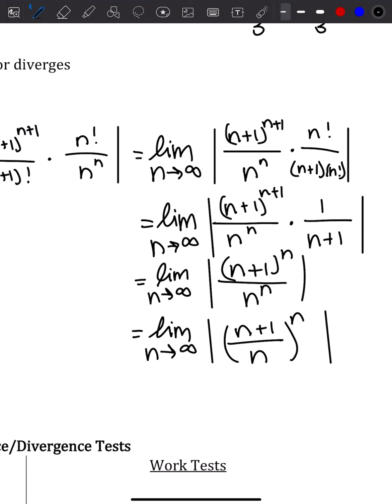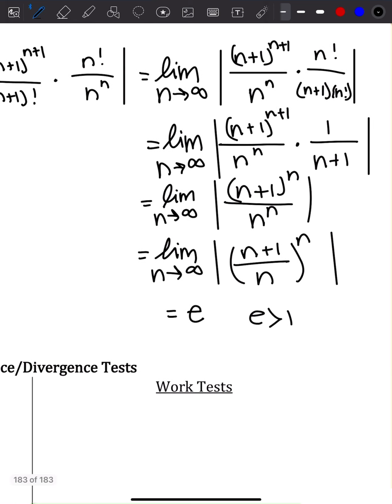So this limit actually equals e. Now we need to decide e and its relationship to 1. Well, I know e is bigger than 1, so our series is going to diverge.